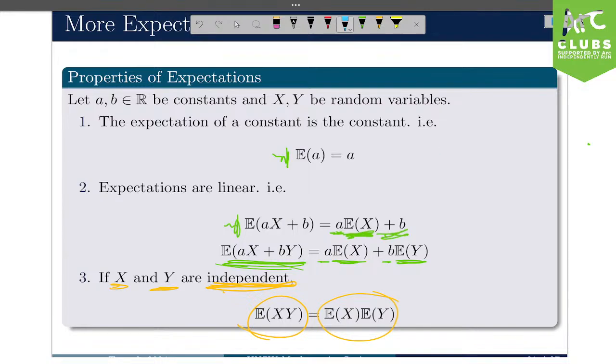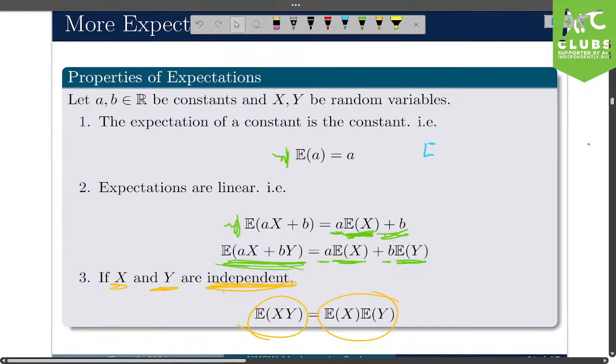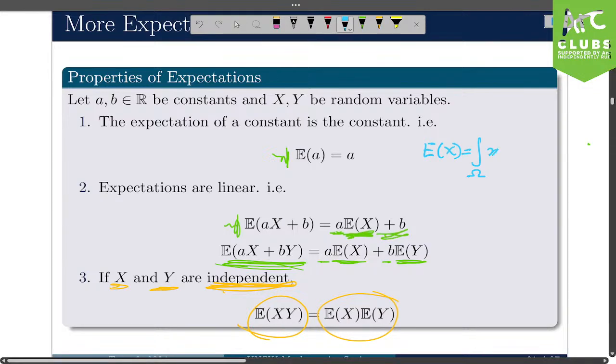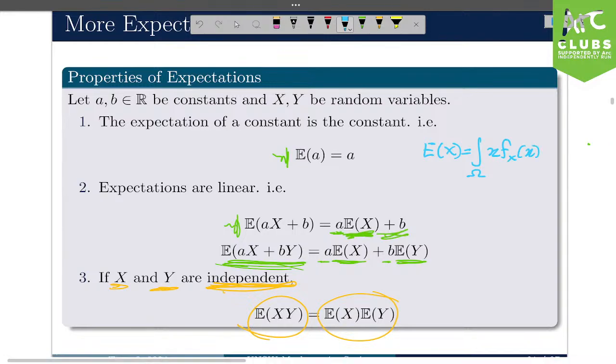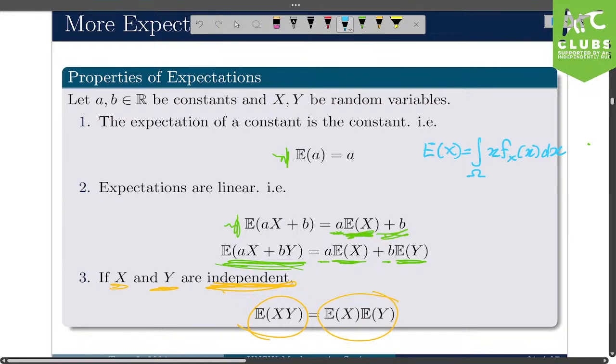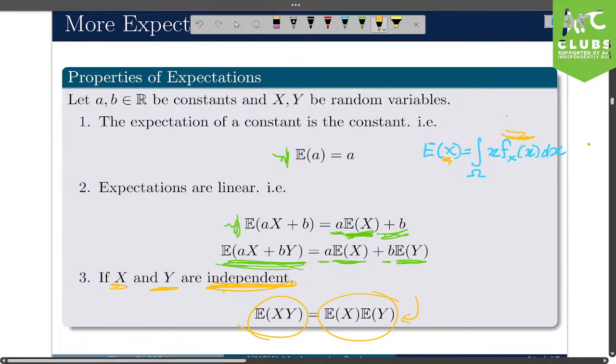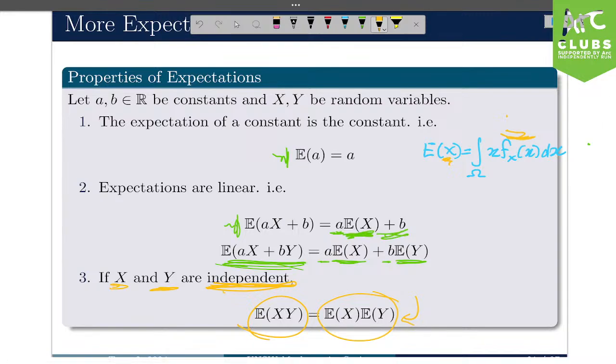If you ever forget one of these, you can always write the expectation value of X equals the integral across the sample space of x f_X(x) dx. For suitable choices of x, you should be able to derive every single one of these relationships, except maybe this bottom one, where you might need a little calculus to split apart the integral, but hopefully it's not too bad.